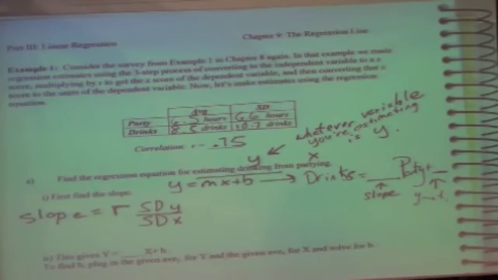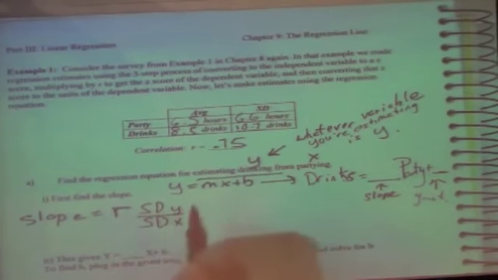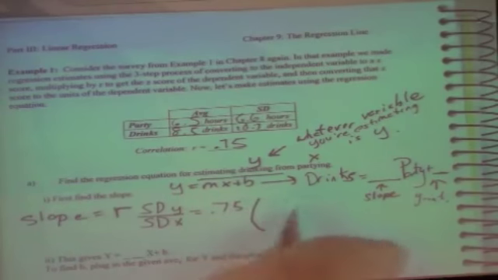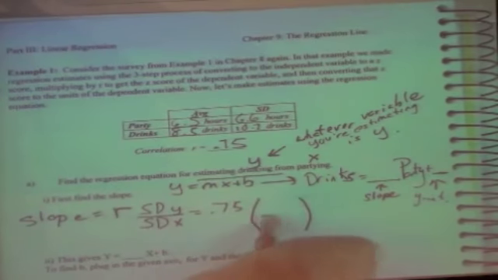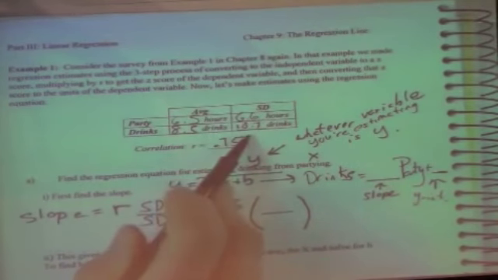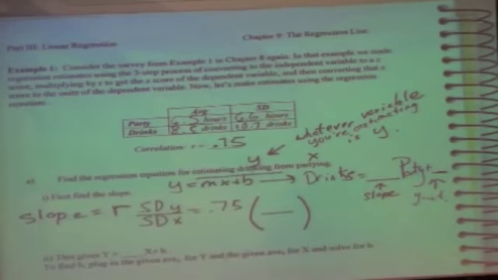Any questions on that? You'll need to remember that, but it's not that hard if you think logically about it. And r is given to you, 0.75. Now we just have to decide, is it 6.6 over 10.7 or 10.7 over 6.6? Those are the two standard deviations. Which one is y?